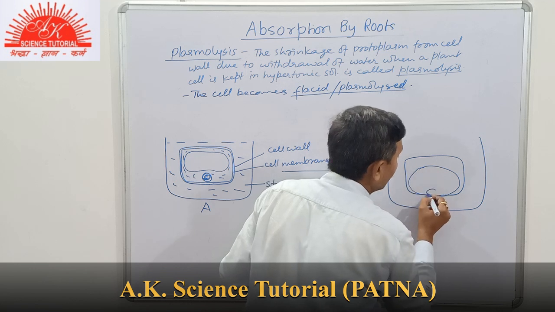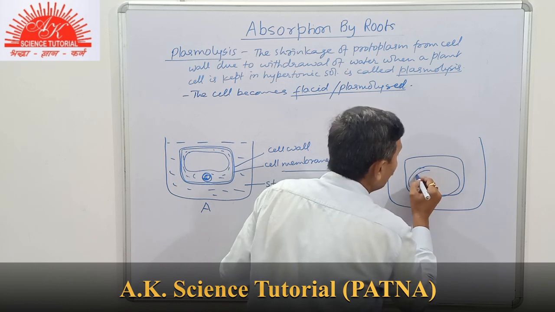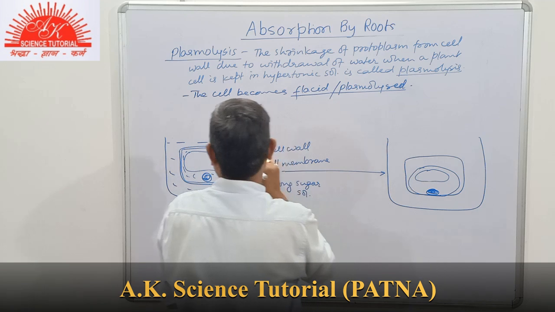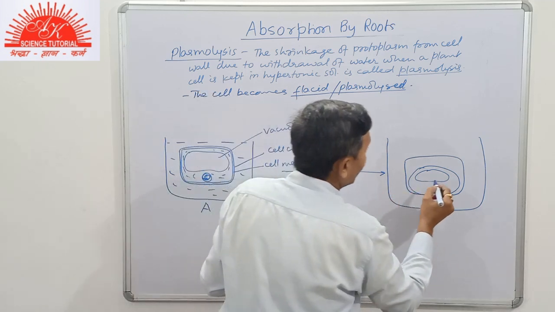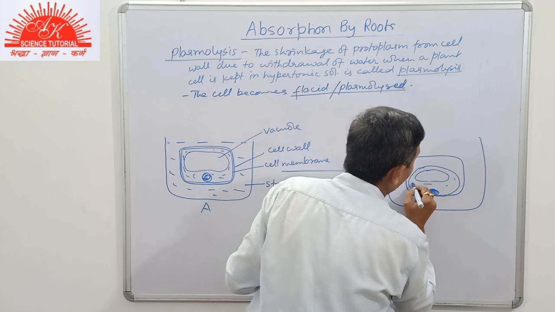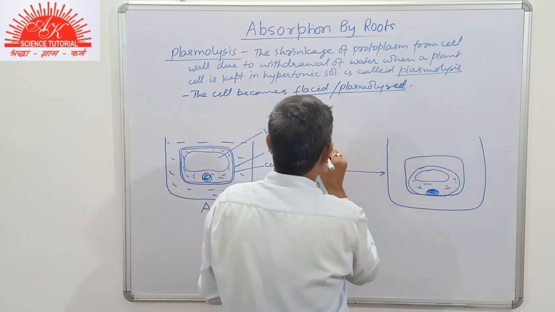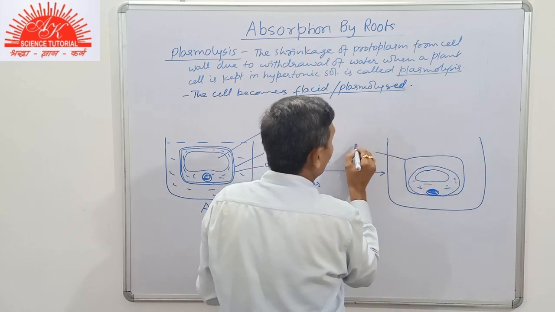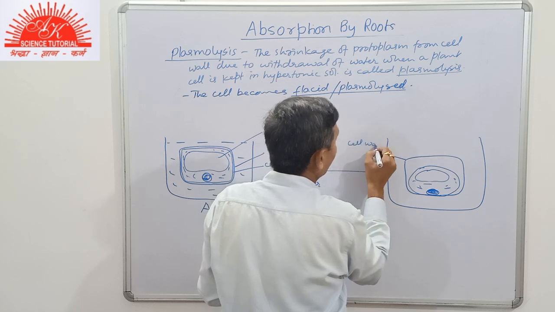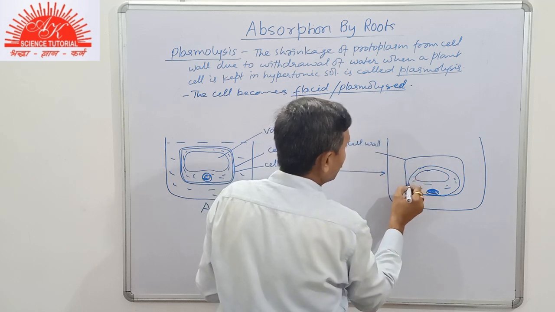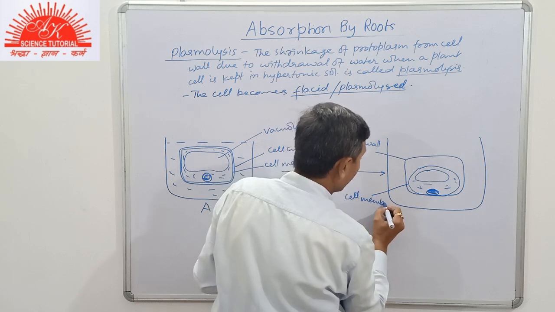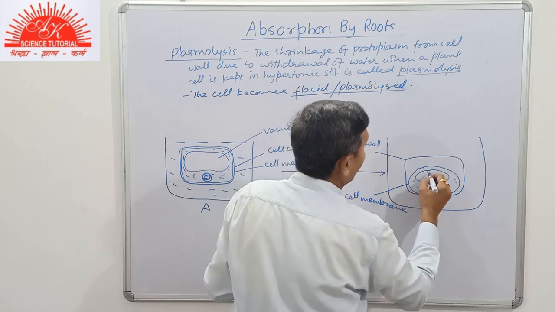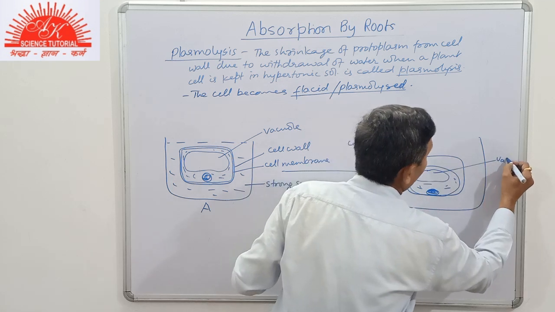Suppose here is the nucleus, and now there will be a small vacuole. This is again the cell wall, this is the cell membrane, and here is the vacuole.